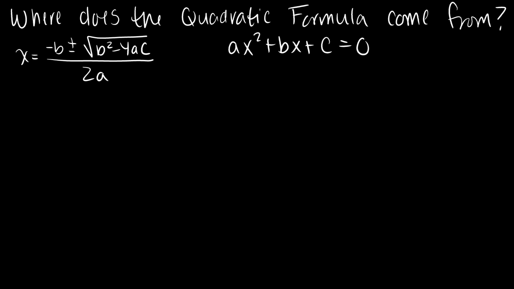So you've got ax squared plus bx plus c, and you look at what your a, b, and c values are, and then you dump them into this formula that kind of comes from nowhere, and it will show you what x is equal to. This video is going to take you through where the quadratic formula comes from, other than just the pages of a math book. So it might take a little while.